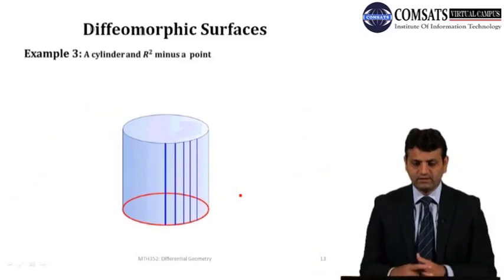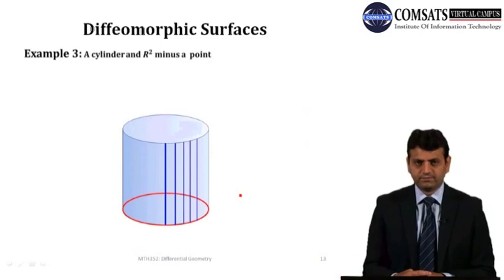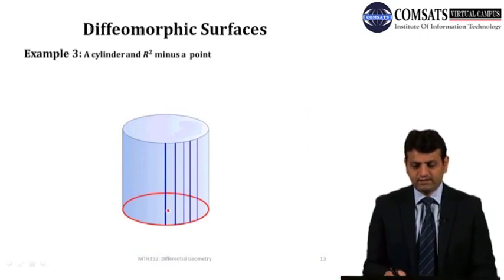Now let's consider another example, a cylinder and R2 minus a point. Now what is a cylinder? A cylinder in R3 is defined as an object which is basically a circle at each and every plane parallel to xy plane.